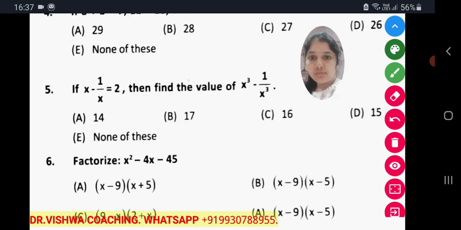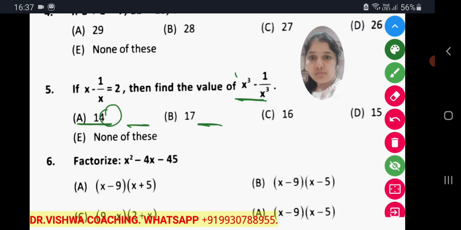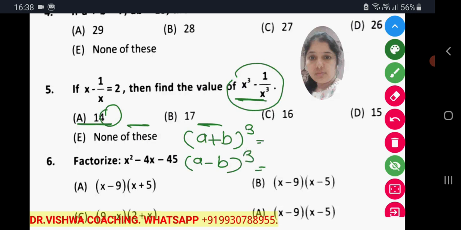Now the next is also again the same. X minus 1 upon x is equal to 2 is given to us, and we have to find the value of x cube minus 1 upon x cube. As we used the formula for (a plus b) whole cube, we have to use the formula for (a minus b) whole cube, which is a cube minus b cube minus 3ab inside the bracket multiplied with (a minus b).